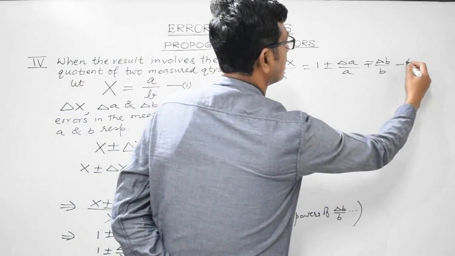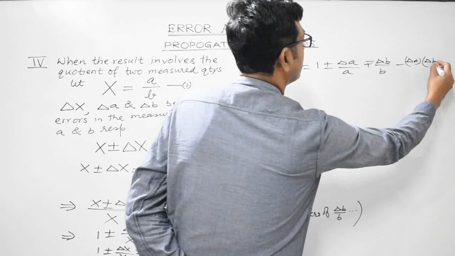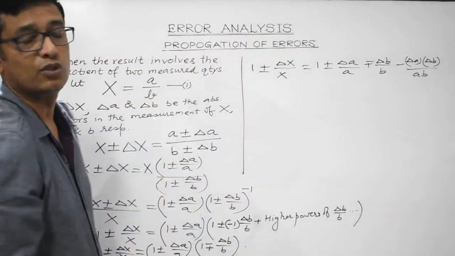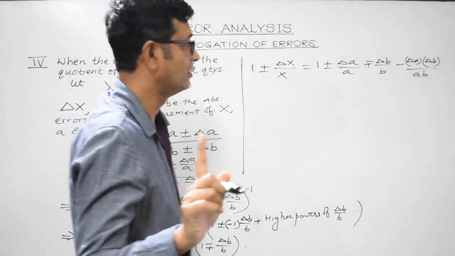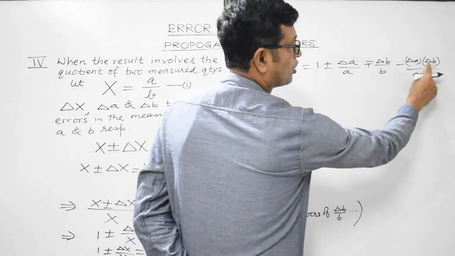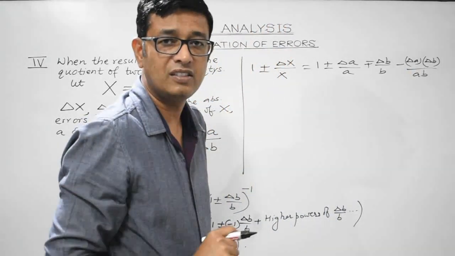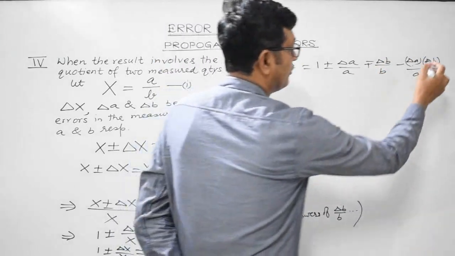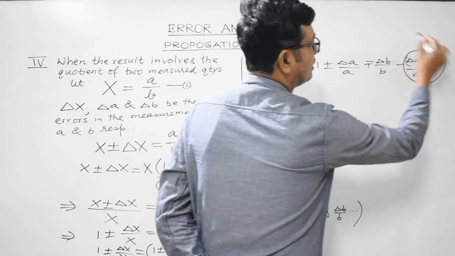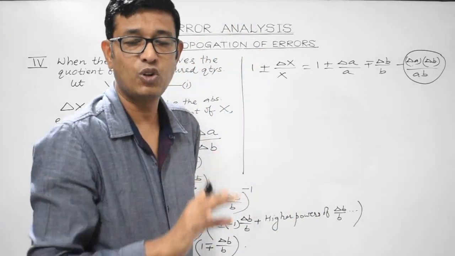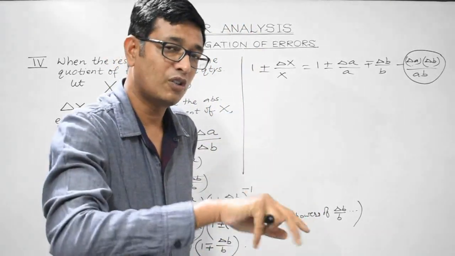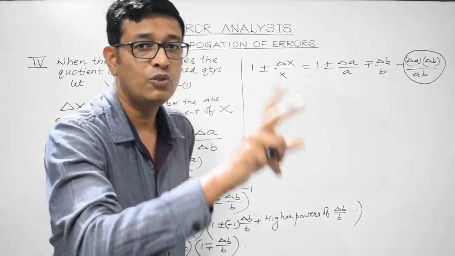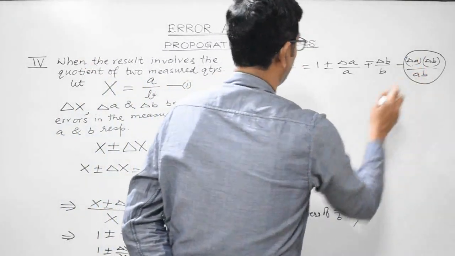So it will be minus del a del b divided by ab. So on opening the bracket, you will get those four terms. Again students, this term involves the product of two extremely small quantities. Therefore, the numerator will approach 0. Therefore, this term again logically can be neglected. Del A is very small, del B is very small. The product of del A and del B would be still smaller. And as a result, it will approach 0. Therefore, this term can again be neglected.